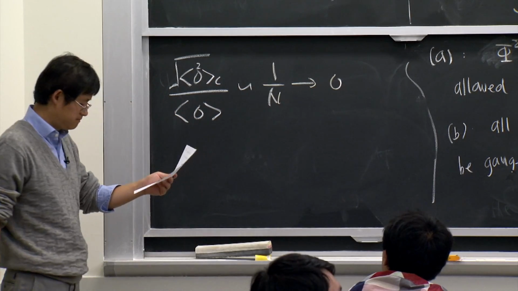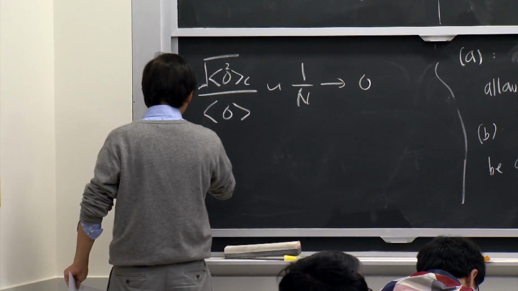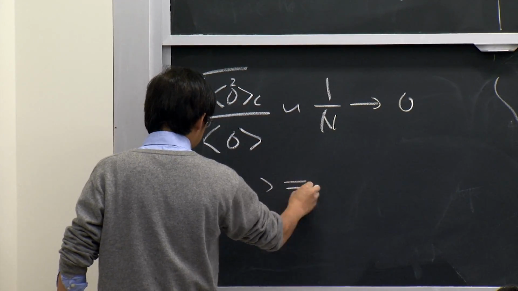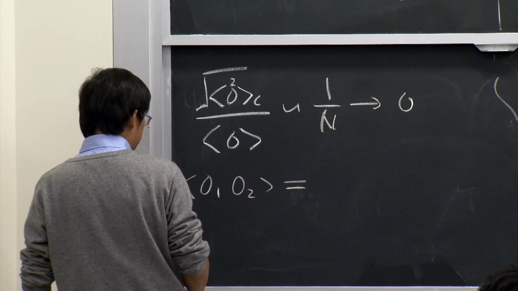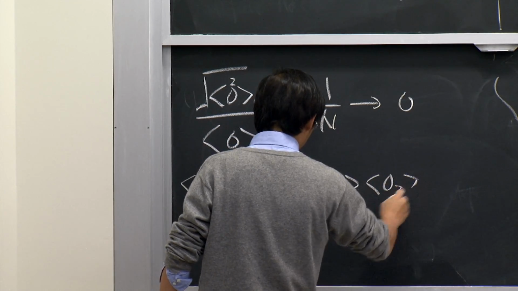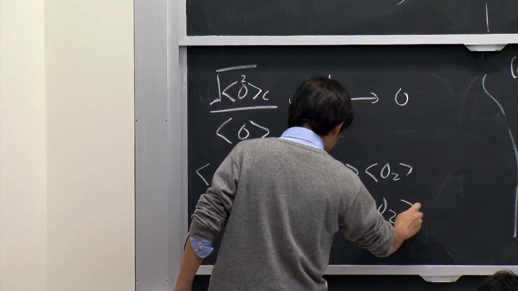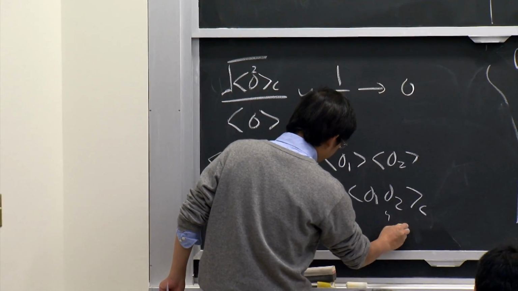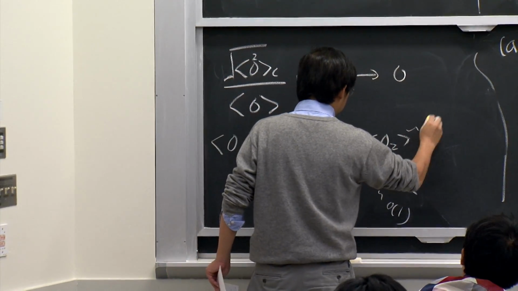Similarly, if you have a 2-point function, suppose each of O1 and O2 has a non-zero expectation value, then you can factorize it into the expectation of O1 times the expectation of O2, plus the connected part. The connected part is of order 1, but the disconnected part is of order N squared.